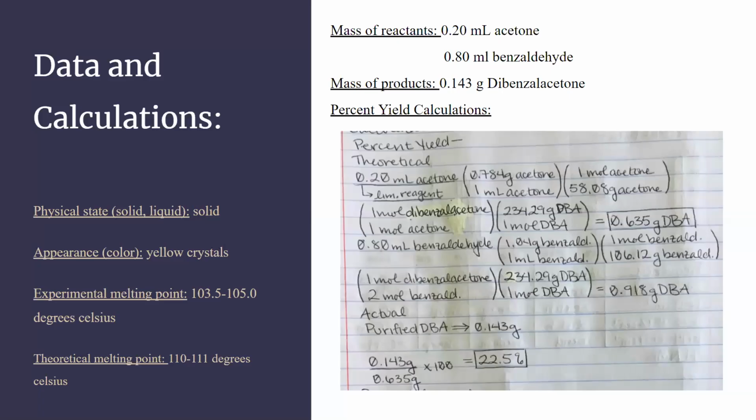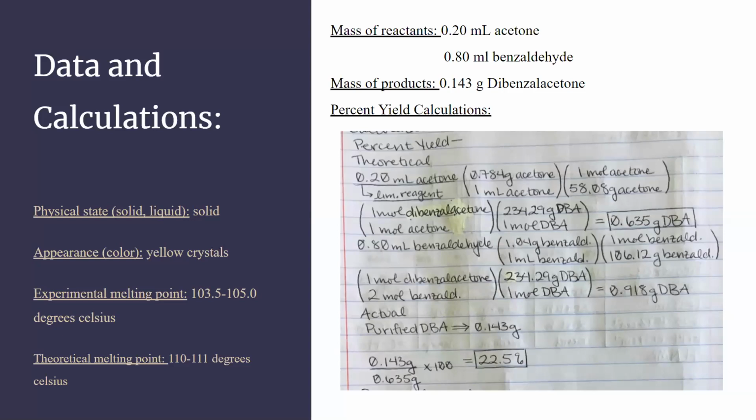So for our data, the product was a solid, and the dibenzyl acetone had yellow crystals. Our theoretical melting point was 110 to 111 degrees Celsius, and our experimental melting point ended up being 103.5 to 105 degrees Celsius.